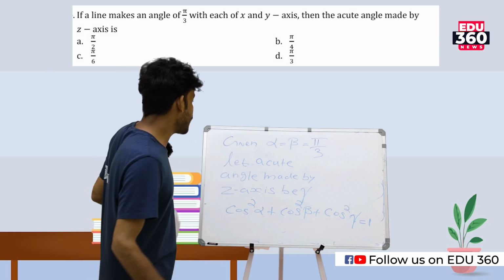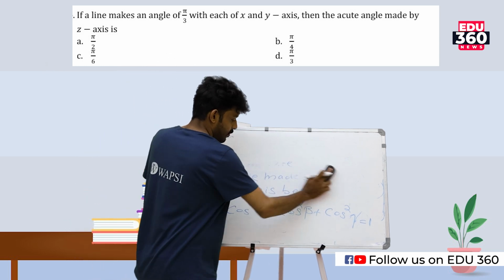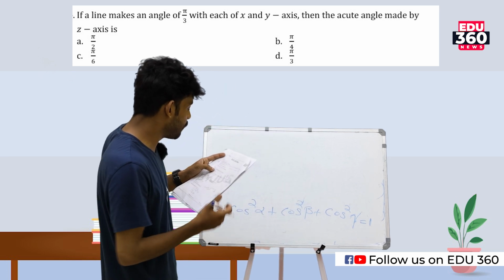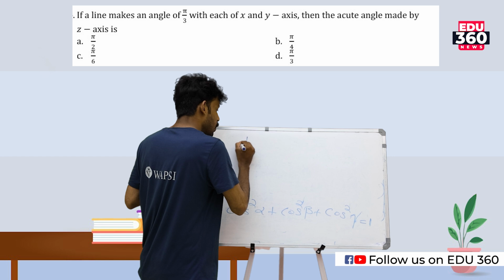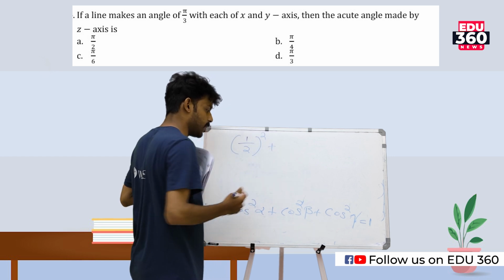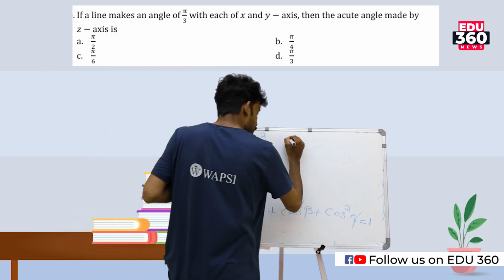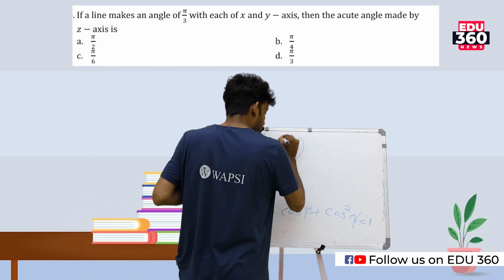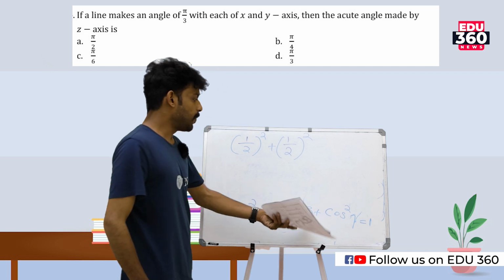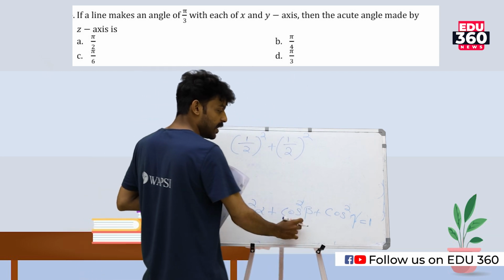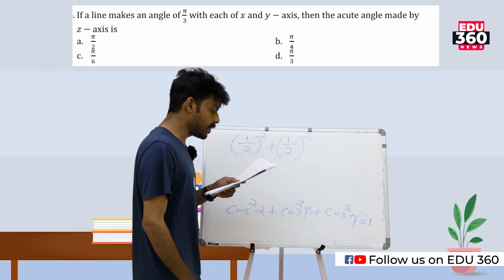On the next line, we can write cos square alpha, that is 1 by 2 the whole square, plus cos square beta. What is the value of cos square beta? Again 1 by 2 the whole square, plus cos square gamma.